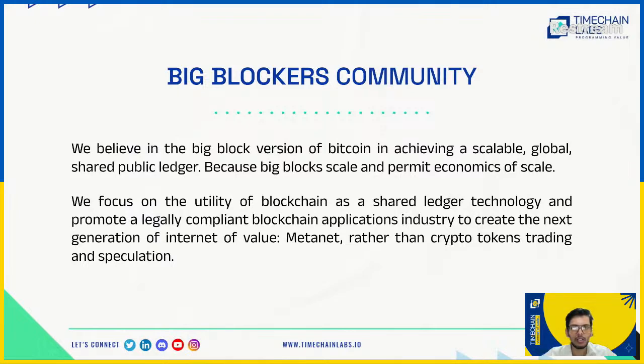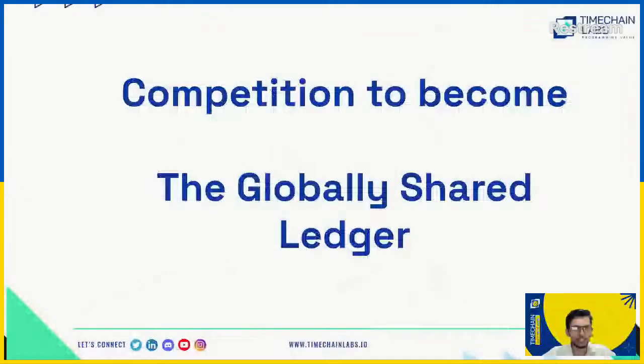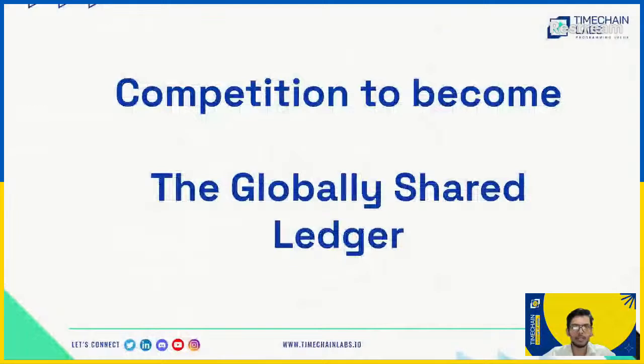So there is competition to become the globally shared ledger between different blockchains. There are blockchains like Ethereum, Polygon, Hyperledger, Tron, and many others that are competing with Bitcoin to become the globally shared ledger. Because in the end, just like the internet, there is one public internet with multiple intranets or sub-intranets, like your college network or your office network, which are firewalled.